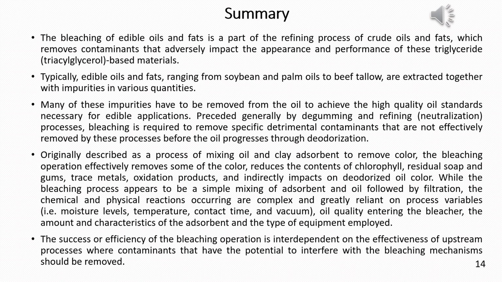The success or efficiency of the bleaching operation is interdependent on the effectiveness of upstream processes, where contaminants that have the potential to interfere with the bleaching mechanism should be removed. So it is very important that the upstream processes be performed accurately.